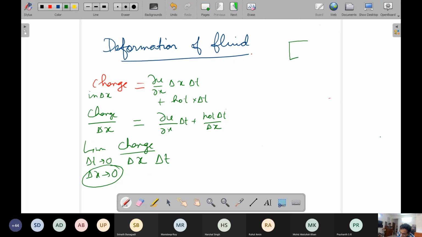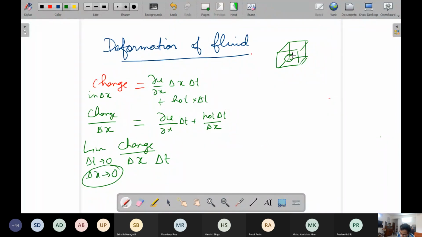See, when we consider the volume, it was not a point, it was a volume of the liquid or the fluid. We wanted to give a description to the point, so we want to shrink the volume to a point so that we give the description of the rate of linear deformation at a point, and that is why we take that limit as delta x tends to 0.